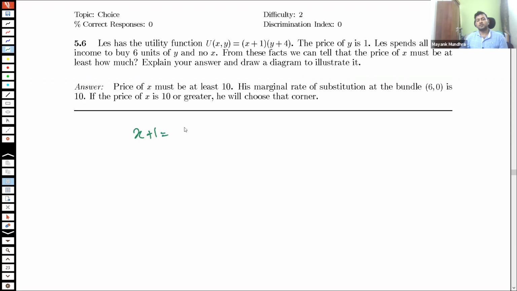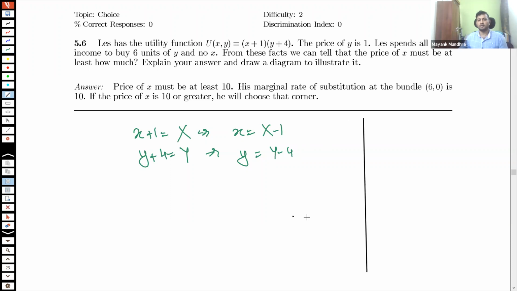Okay, so let x plus 1 equal capital X, which implies x equals capital X minus 1. And y plus 4 equals capital Y, which implies that y equals capital Y minus 4. So this is the point minus 1.